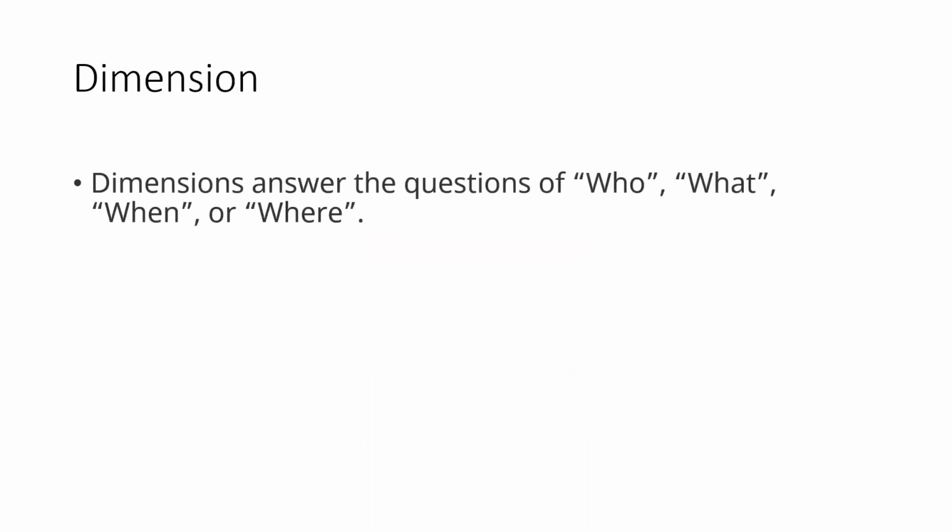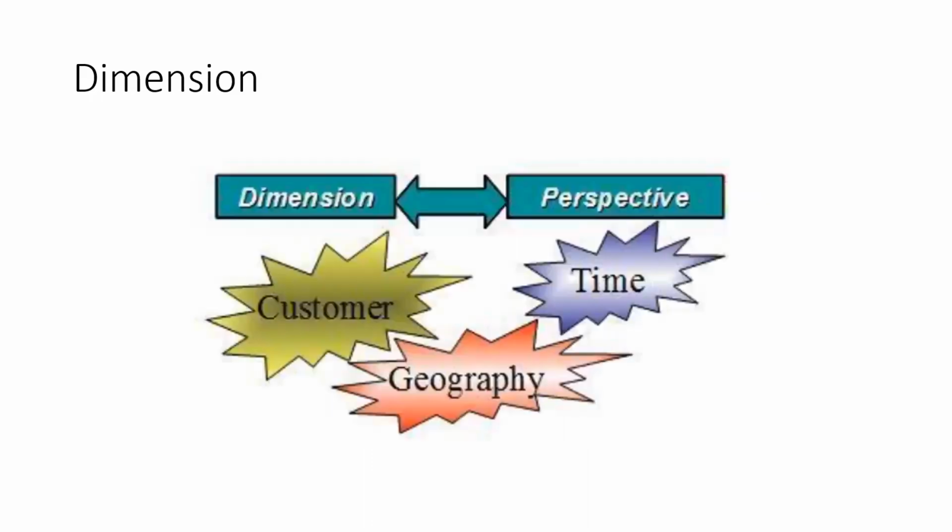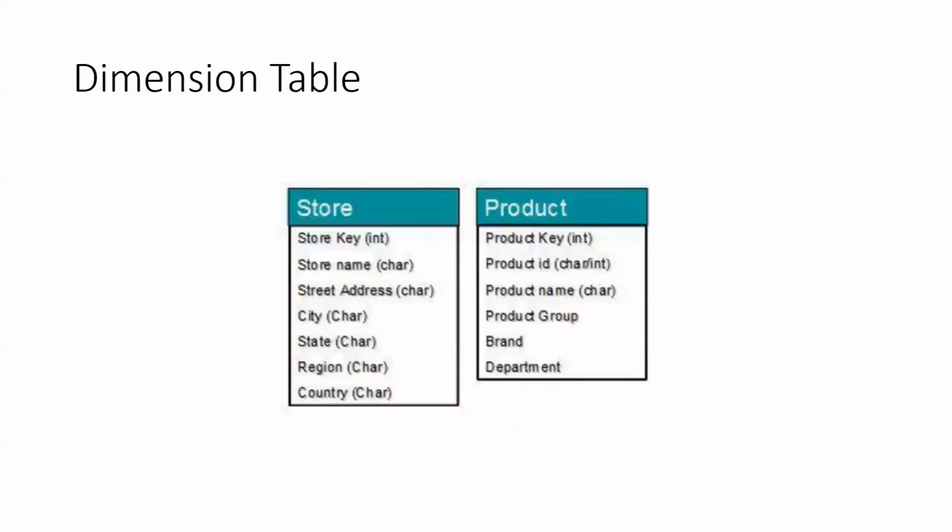Now what are dimensions? If we ask questions on top of data, who, what, when, where, whatever data or fields we receive at the end, those are called dimensions. Here is an example: customer, geography, time, those are all dimensions. Dimensions are kept in particular tables called dimension tables.